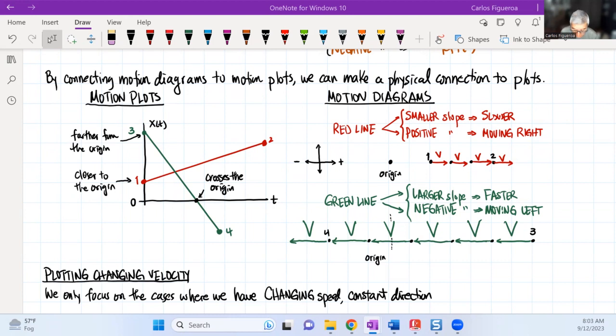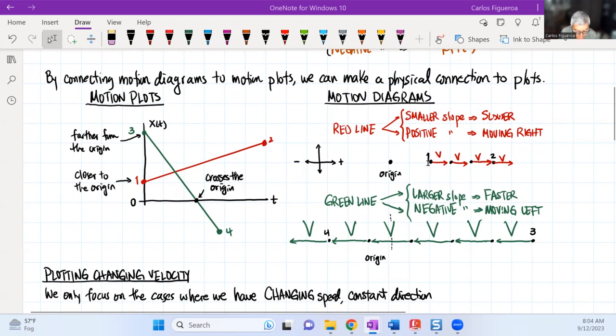When I look at that green line, you see that there's a larger slope, so it has to be moving faster. However, the slope is in the downward direction, in other words a negative slope, so it has to be moving to the left. Earlier, we said that point 1 is closer to the origin than point 3. So look how I put my point 3.